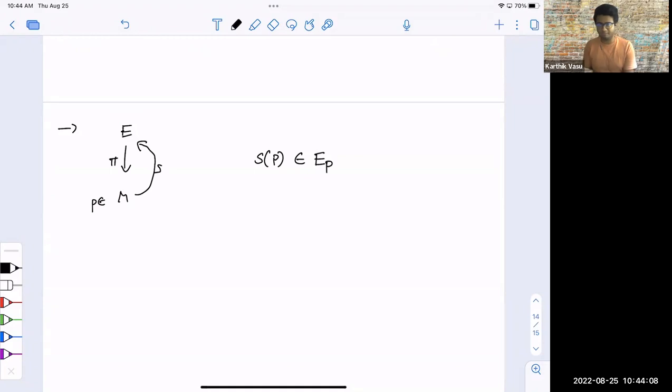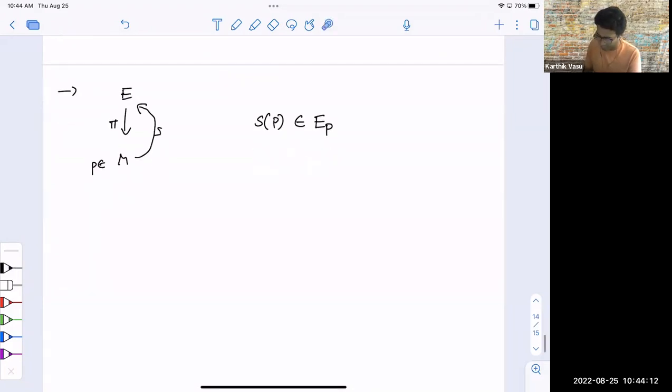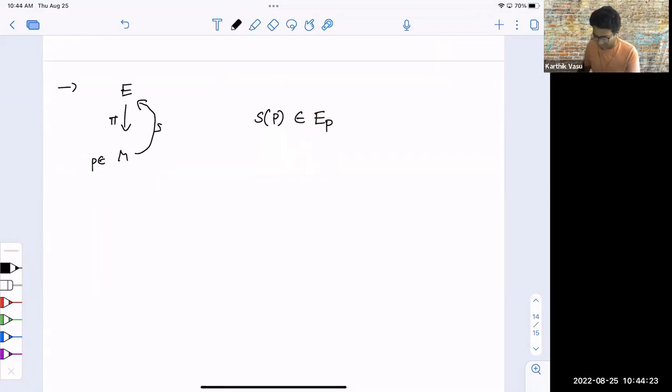It will be some vector in E_P. So over P, it will always be inside E_P, and if you change to P prime, it will be inside E_P prime. That's why it's called a section. So these are sections.